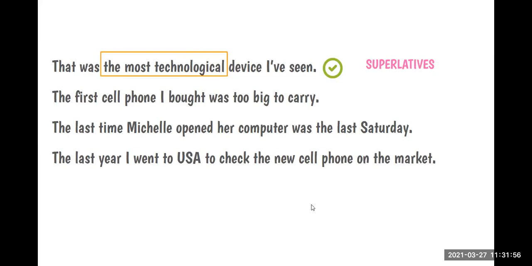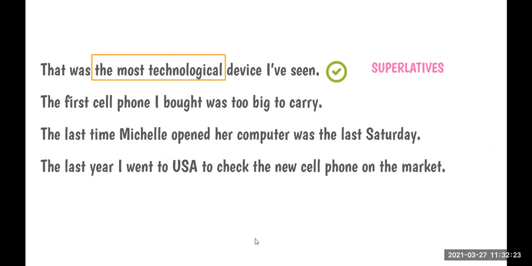No, because it's a specific cell phone and in the sentence we use the. Remember that the is for specific objects. A or an is for things that are not specific. Any other ideas? I think it's correct because you only have one first cell phone, so I think it's correct because of that.